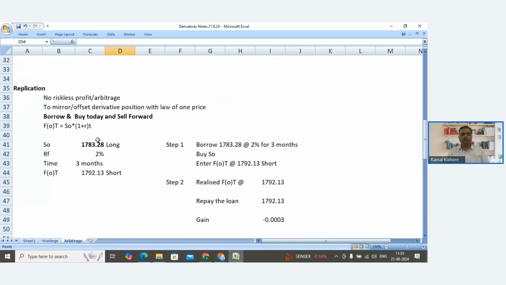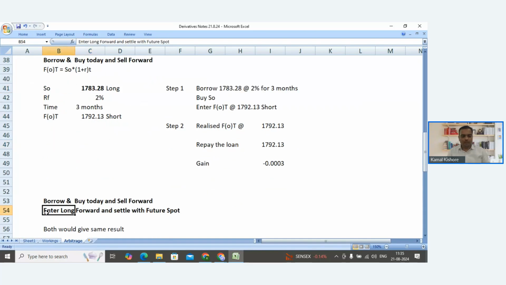So how do I use this? For example, I do not want to buy today. I do not have money, or I do not want to buy today, but I am concerned that the price may go up. So I will enter into a long forward. I expect the price of this stock to go up, but I don't have money to buy. So what I do is enter into a forward contract and freeze the price.